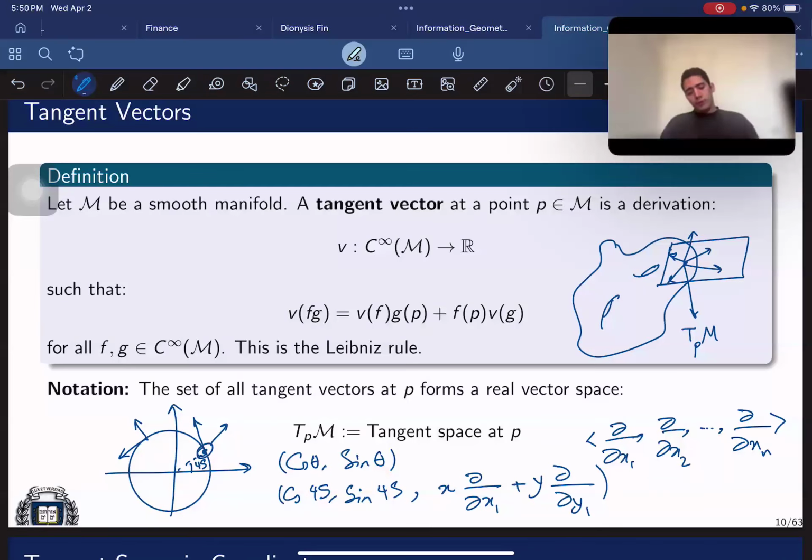So as you can see, the vectors are glued to the point. We cannot add or subtract vectors of this point to another point. There is no relation between the tangent spaces of different points. We are just given different points and different tangent spaces.